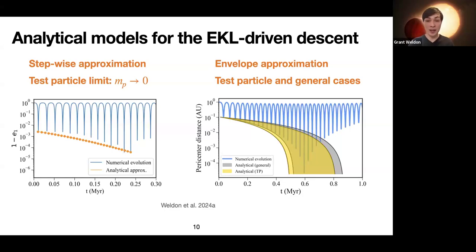And we do this for both the test particle and the general case. Now considering the effect of the planet's mass, you can see that these agree quite well with the numerical evolution. And these models agree quite well over a large range of parameter space. The spread in these regions corresponds to essentially just varying evolutions of the outer orbit of the distant companion in the system.